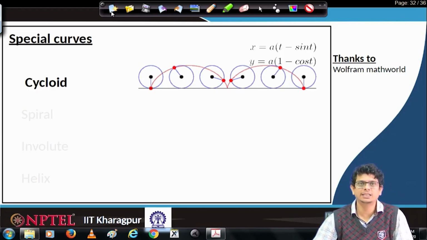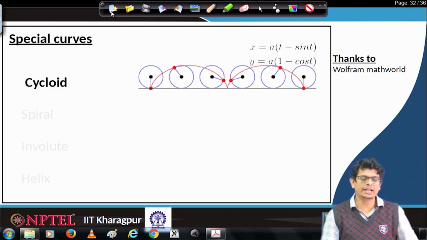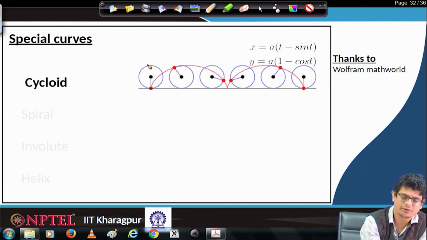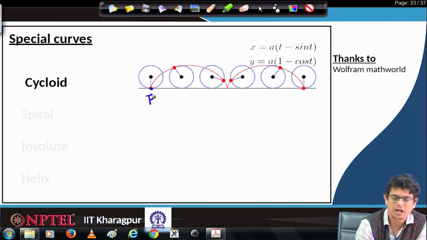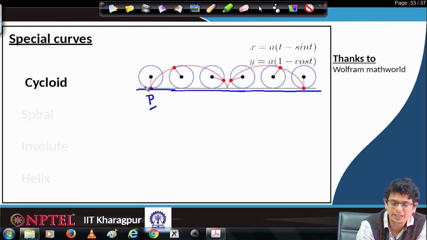The first one is a cycloid. If we take a circle, for example, let us pick a circle, and locate a point P which is going to touch the bottom. If this circle is rolling on a perfectly horizontal base and this point P never slips, then the curve tracked by the motion of P as the circle rolls, we call it a cycloid.